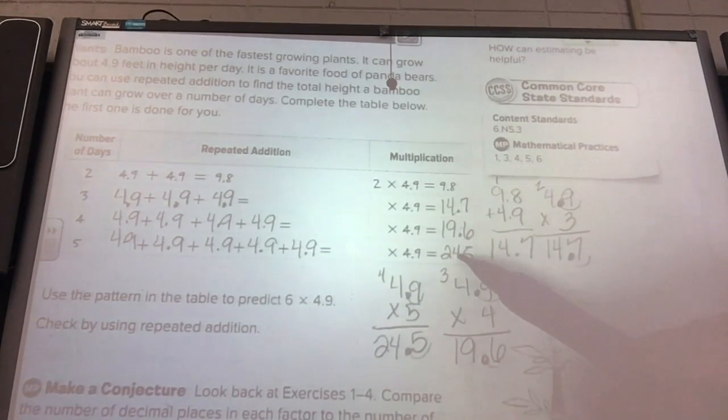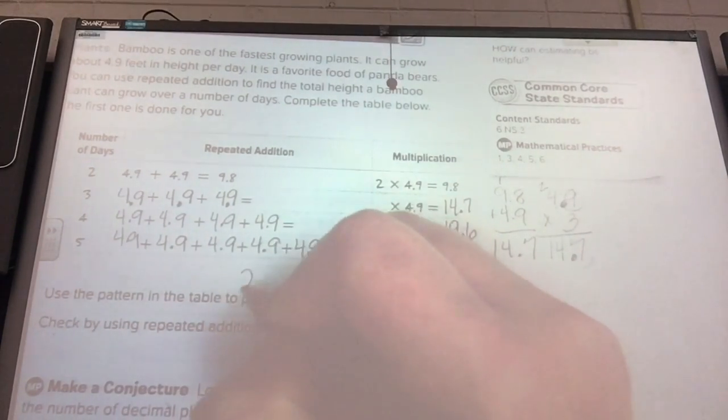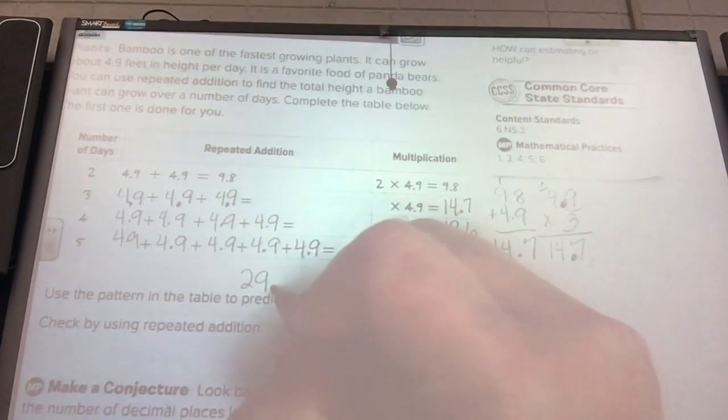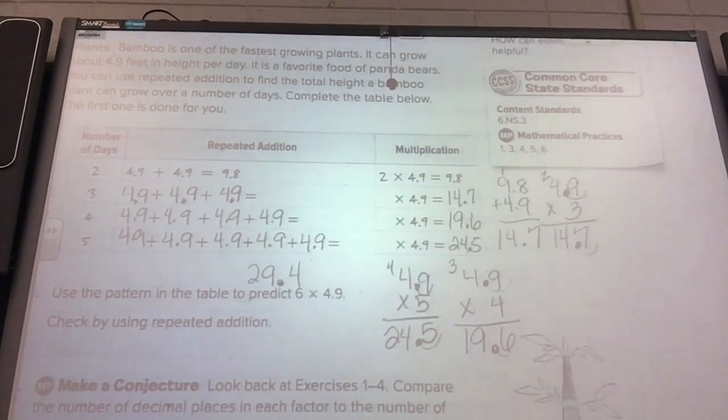Between 19 and 24, 19, 20, 21, 22, 23, 24. So we think the next whole number is going to be 29. Now let's look at this tenths column. 7, 6, 5. What do you think this one's going to be? 4. Now, that's a guess, so let's figure out if we're right.